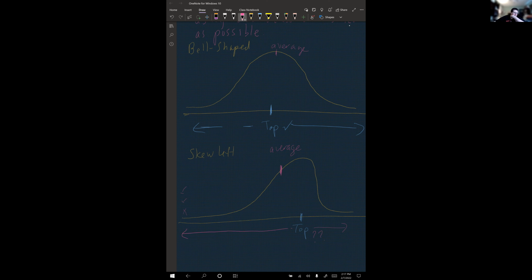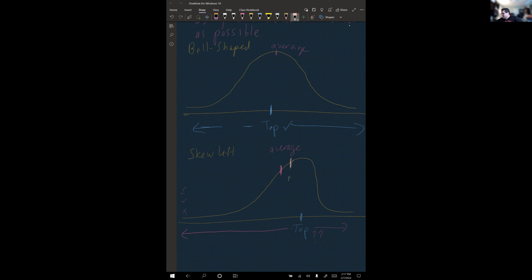If we look at the median or the middle, where is actually the middle? If we put everyone's height in order and found the middle number, it turns out that on skewed left graphs the middle tends to be a little bit to the right of the average, but to the left of the top.